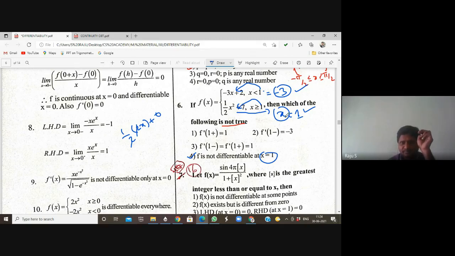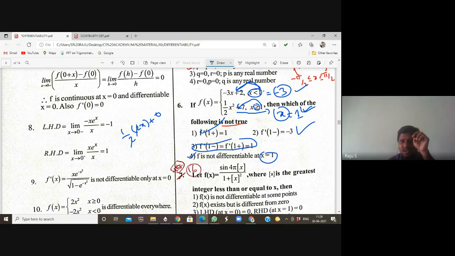And what is the derivative at 1 plus? 1 plus means greater than. What is the derivative you got? Plus 1, right? What is the derivative at 1 minus? After differentiating substitute 1 here, lesser than means 1 minus. Minus 3. But left hand derivative is not equal to right hand derivative.